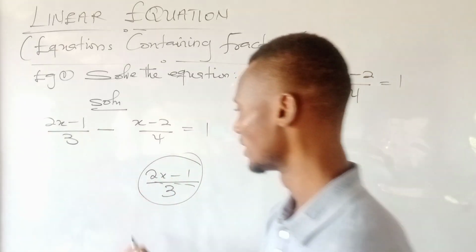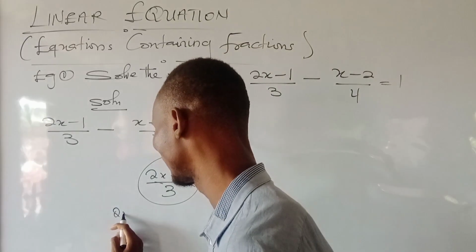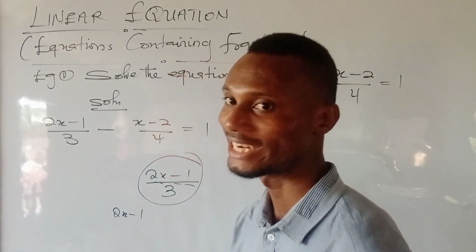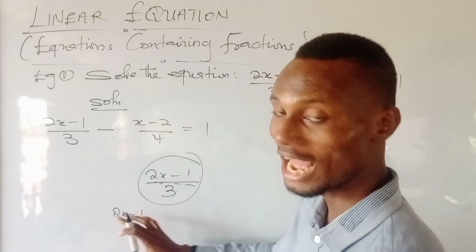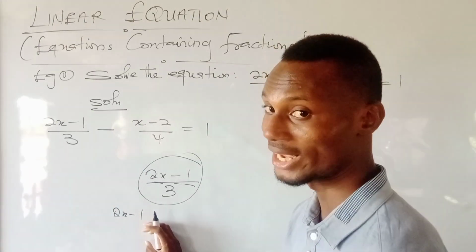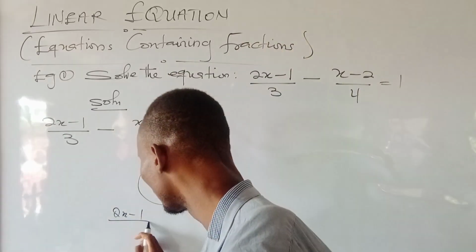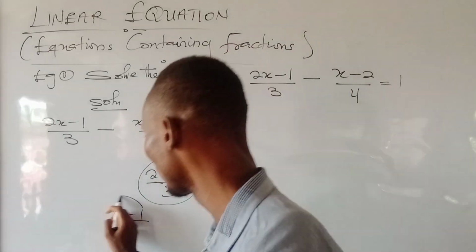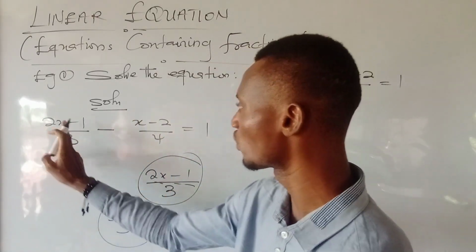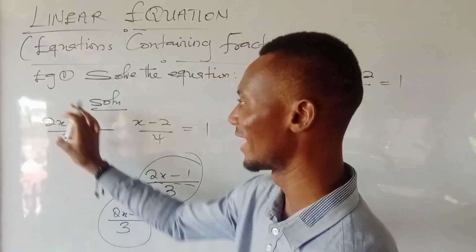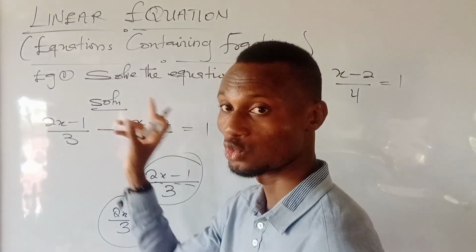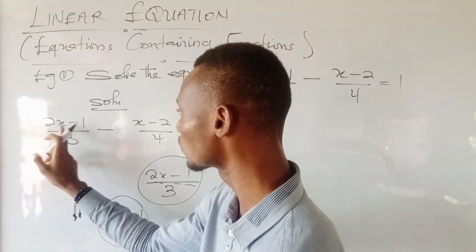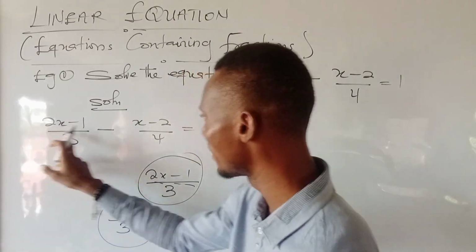Again, if it was just 2s minus 1, then we can say that this 2s and this 1 are 2 terms, but because it is all over 3, the whole of this is one term. So this 2s minus 1 all over 3 is one term on its own. All of it is being considered as one term because the 2s minus 1 is being divided by 3.